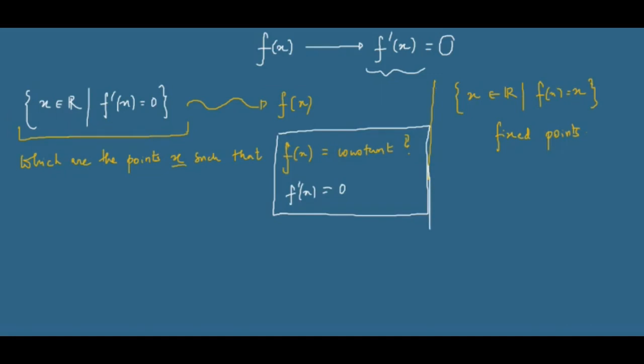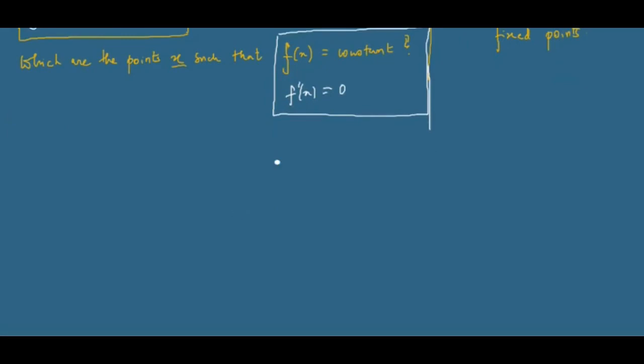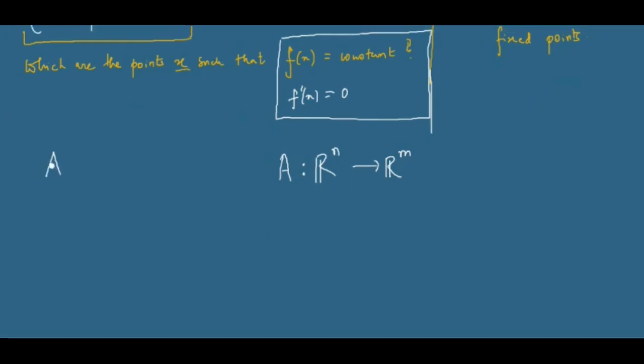So we will try our best to extrapolate that beautiful idea to the linear transformation A. A linear transformation is nothing but a function from R^n to R^m.